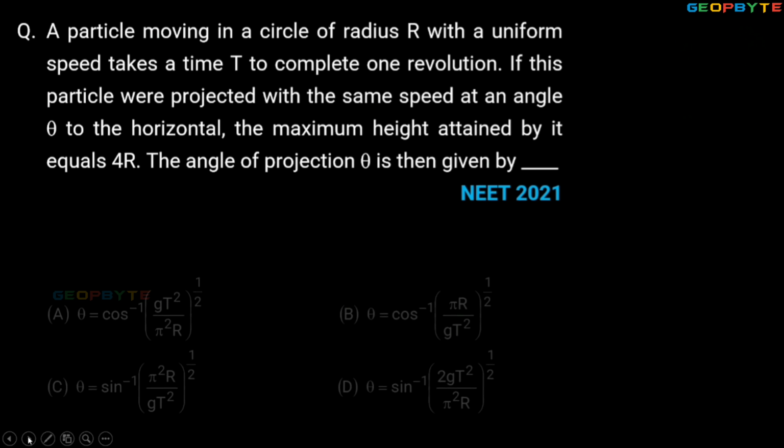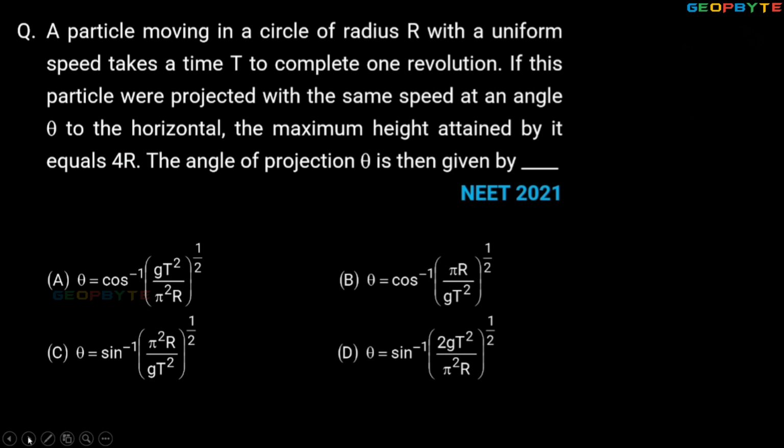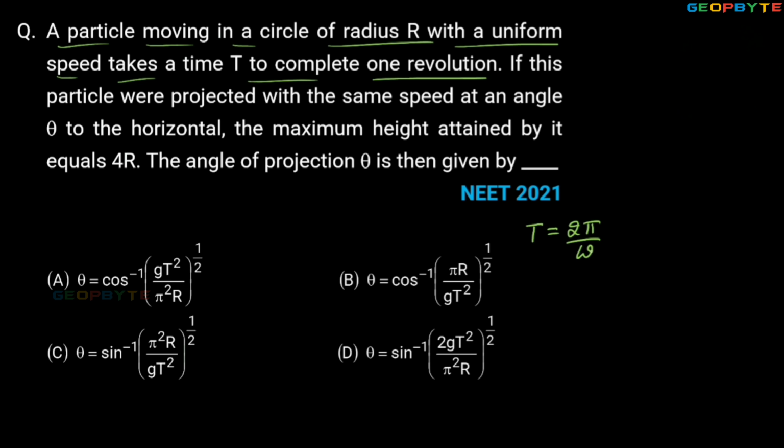Similarly, let us take another important problem. Look at this problem, asking like this: a particle moving in a circle of radius r with uniform speed takes a time t to complete one revolution. You know, time period T equals 2 pi by omega.